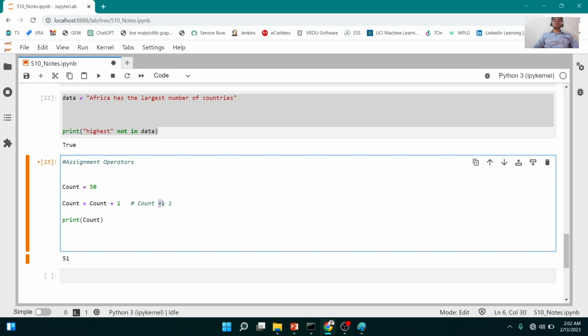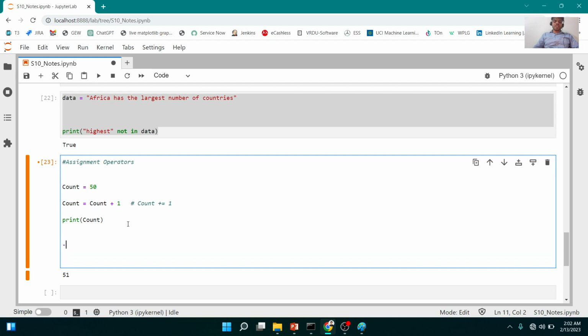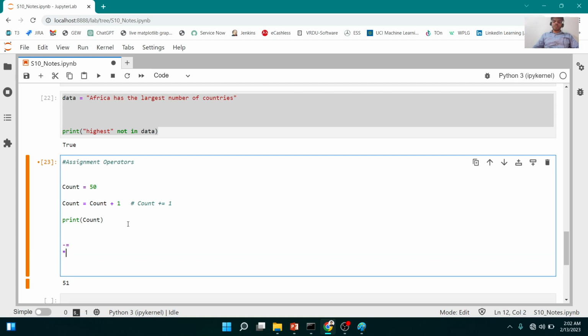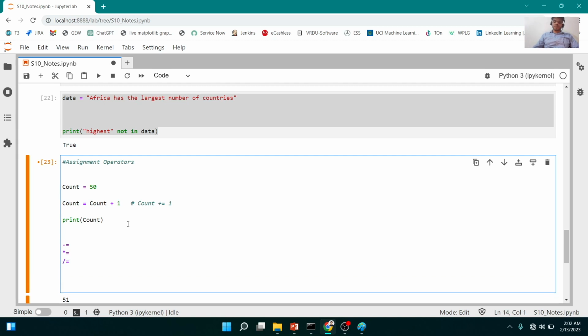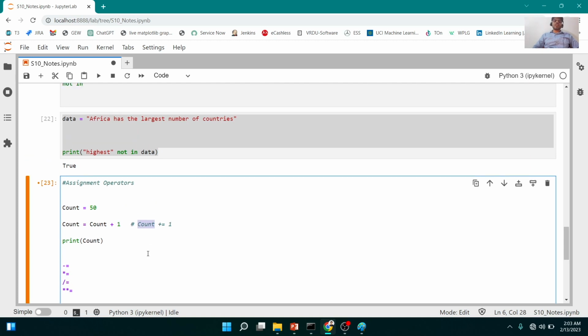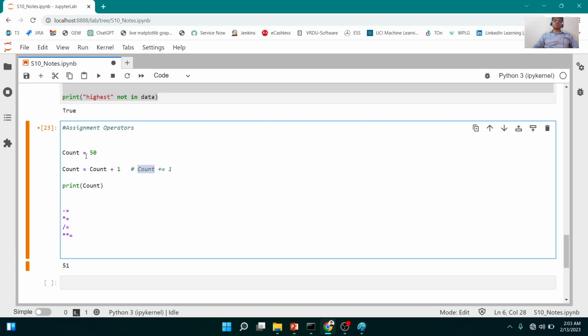Just like plus and equal to, you have minus and equal to, multiplication and equal to, divide and equal to, and exponent and equal to. All mean the same: first do the operation between the left side and the right side, and then assign it back. So that's the assignment operator. Otherwise the most common thing to remember is this equal sign.